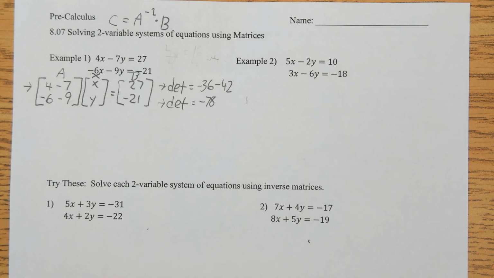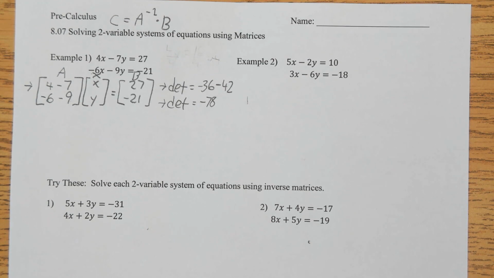If I got a 0 for my determinant, then the system has no solution, because I don't have an inverse. Recall that a singular matrix is one that has determinant equal to 0, which means it doesn't have an inverse. Non-singular is when we do have an inverse.